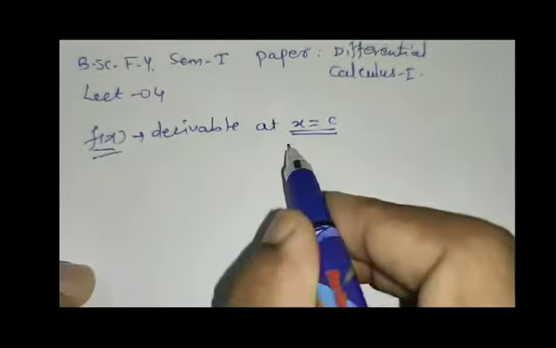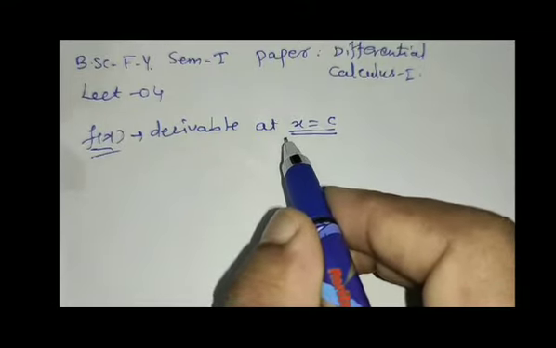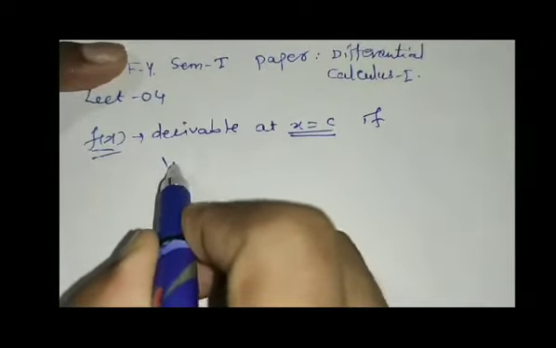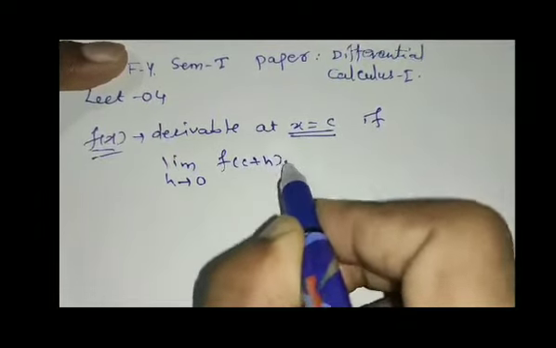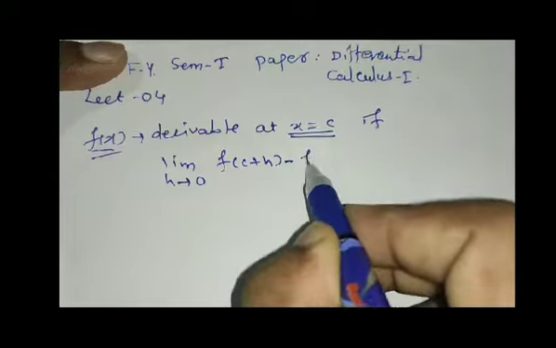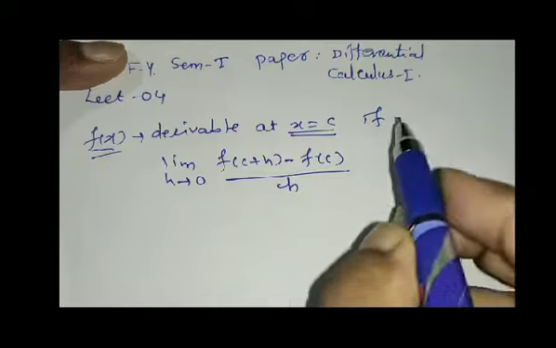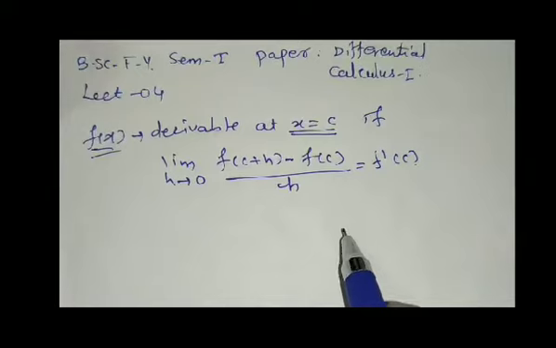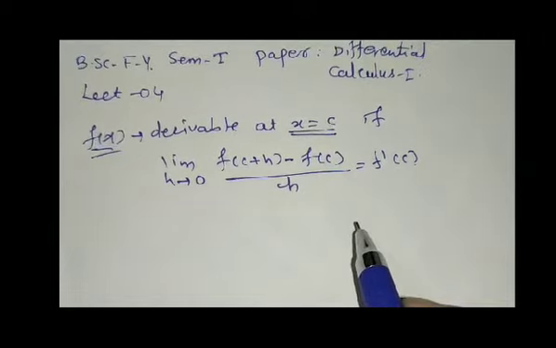So f of x is a function, and we say it is derivable at the point x is equal to c if this limit exists: limit h tends to 0 of f of c plus h minus f of c divided by h. We indicate this limit by the symbol f dash of c.